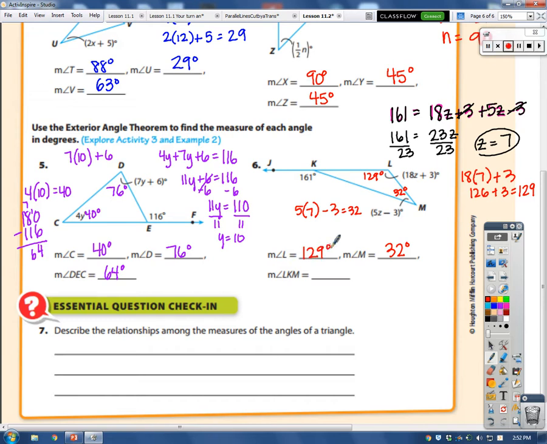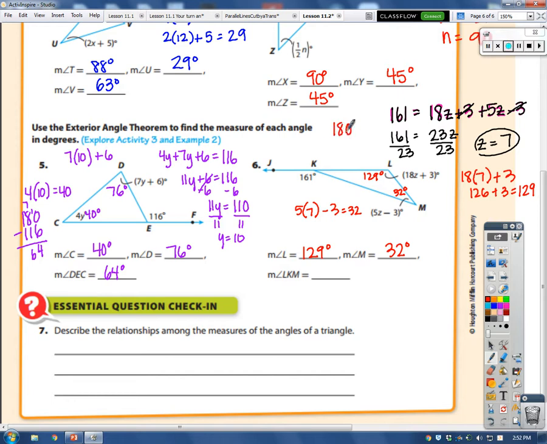And then at last, I need to find the measure of angle LKM, so this interior angle here. Now again, I have two ways I can do that. I can add these up and subtract from 180, or what I prefer, because those will equal this when they're added up, is to just subtract this number from 180, because these two angles are a straight angle and their sum is 180 degrees.